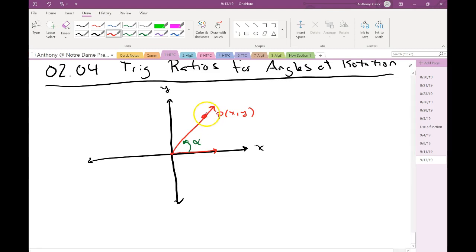So what we're going to do here is if I take any point on this initial side, I can drop a perpendicular back down to the x-axis. So what I've created here is a right triangle. Can everybody see that? What is this side of our right triangle?